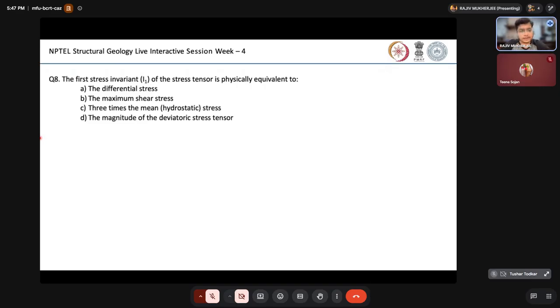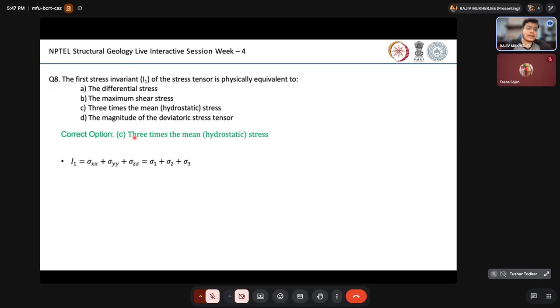Yes, option C is the correct answer. It is three times the mean stress, or the hydrostatic stress, because the first invariant I1 is equivalent to the summation of sigma xx, sigma yy, and sigma zz.